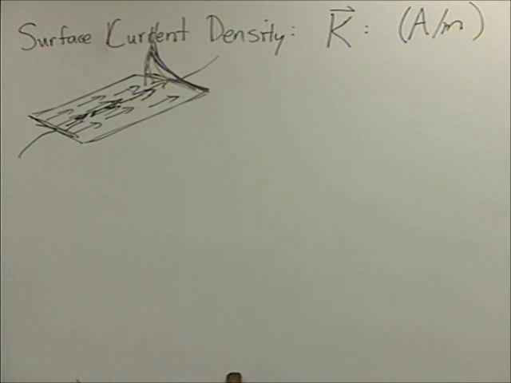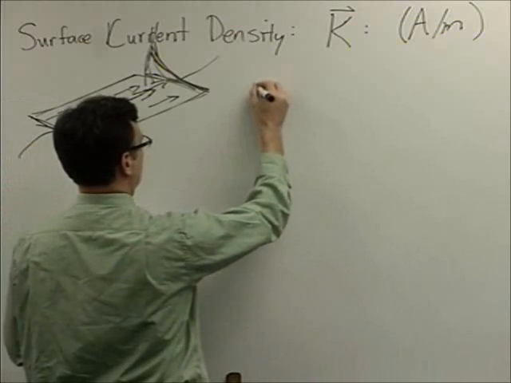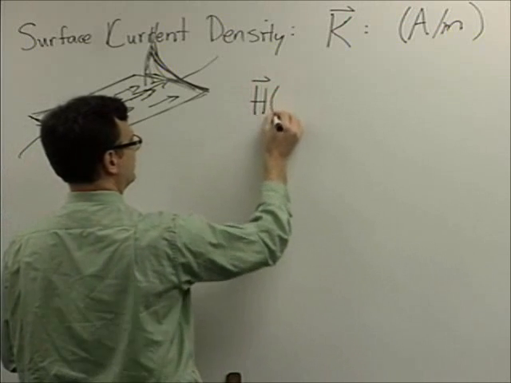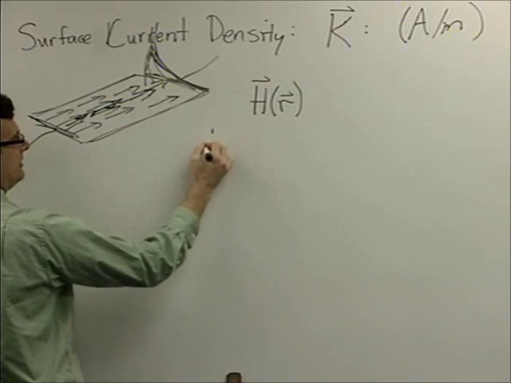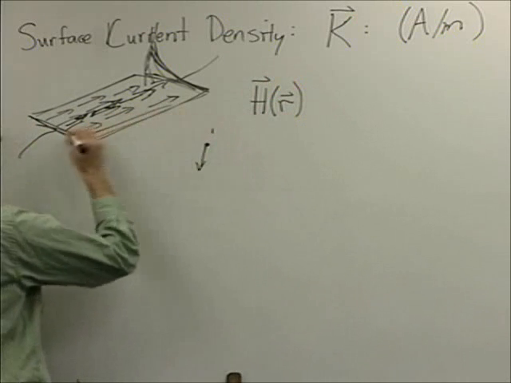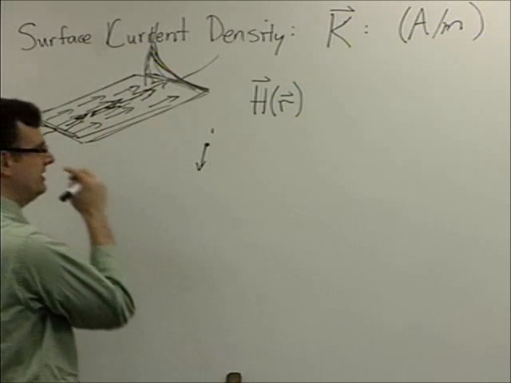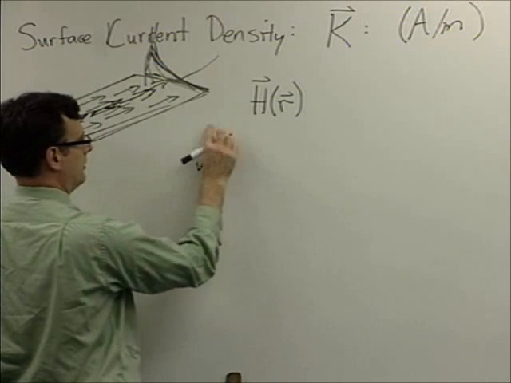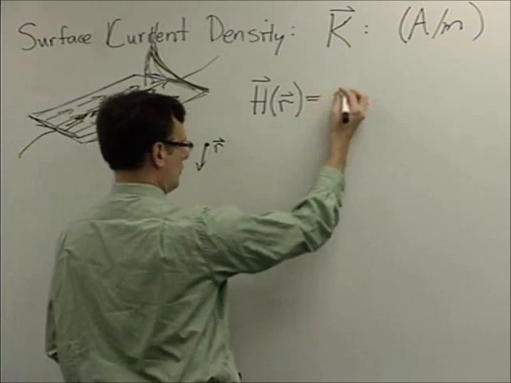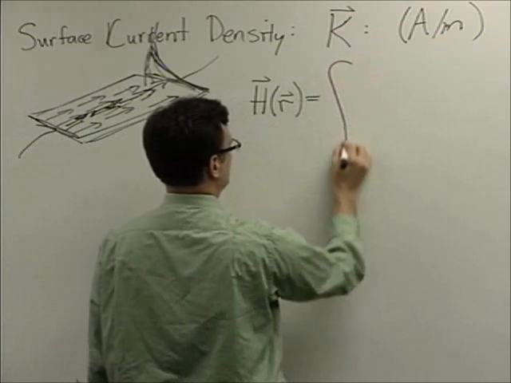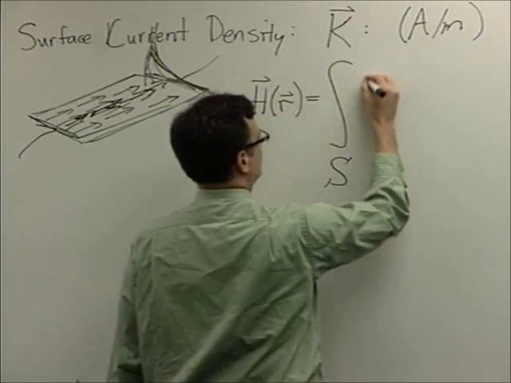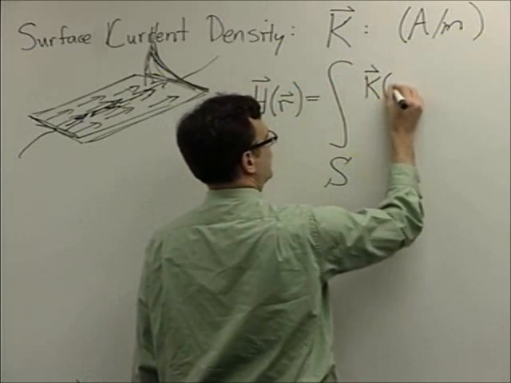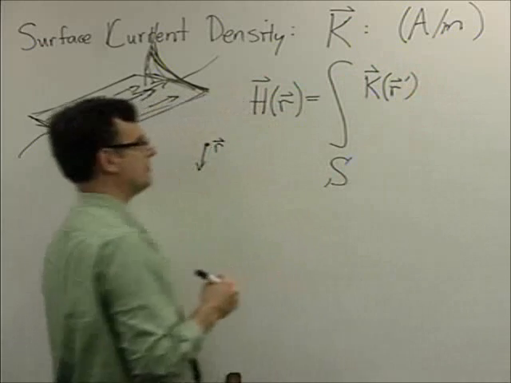So anyway, this is a current law, a current density formula. And this is a slight modification. If we want to find a magnetic field due to a current distribution at an arbitrary point in space, then the integral that we would use for that is a surface integral. We would take k, which is a function of my point of observation.